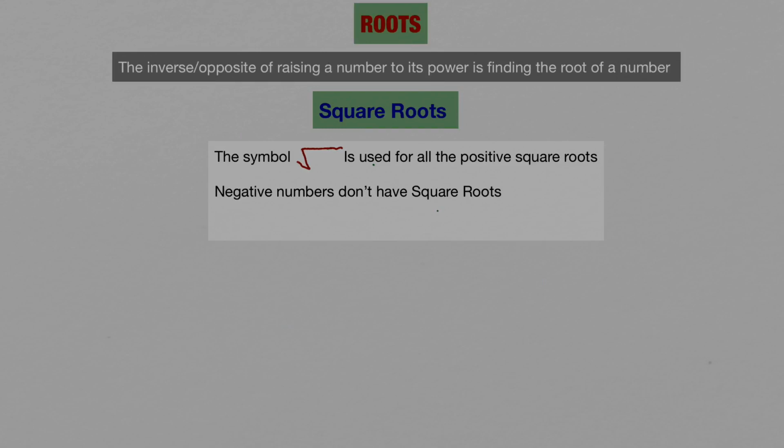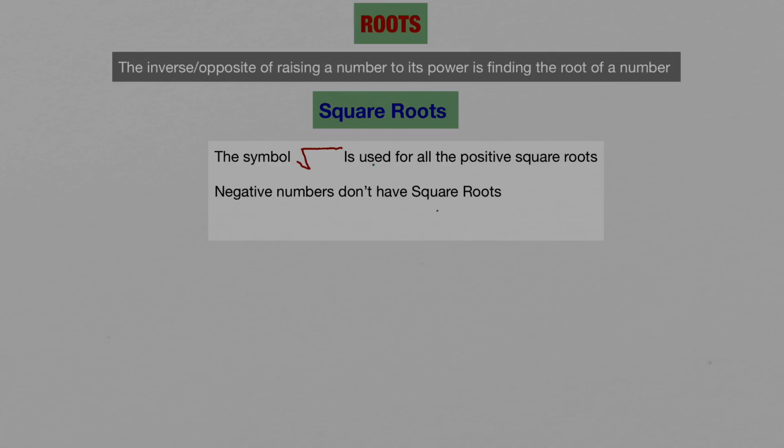Okay, now I'm going to cover the last part for this video section, which is the roots part. What is a root? A root is basically the inverse of raising a power. Finding the root of a number is the inverse, or opposite, of raising it to a power.